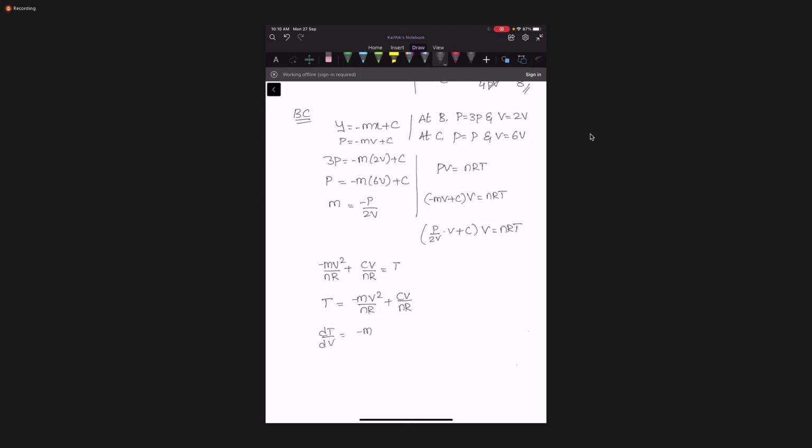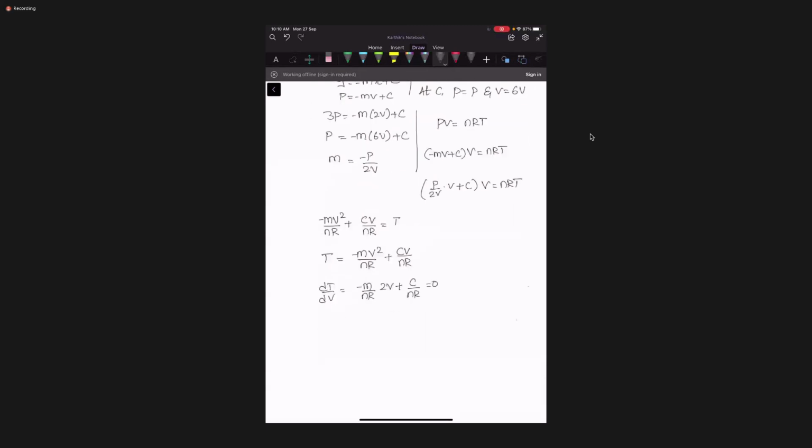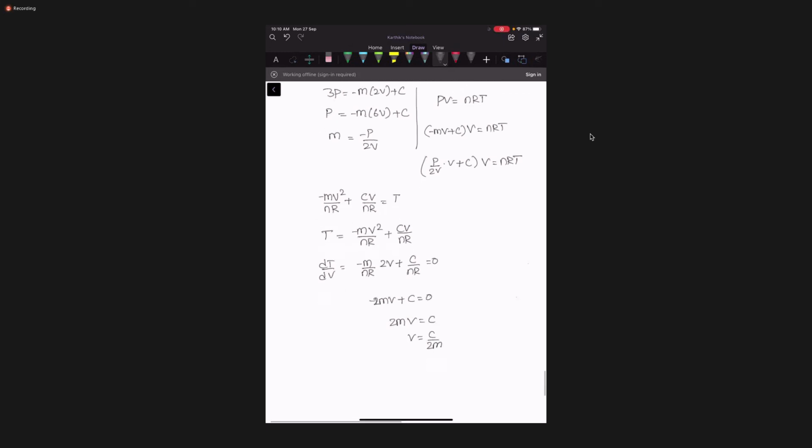So minus m divided by nR into 2v plus c divided by nR. You have to equate it to 0, right? So minus 2mv plus c is equal to 0, right? So 2m into v is equal to c. So v is equal to c by 2m, correct?